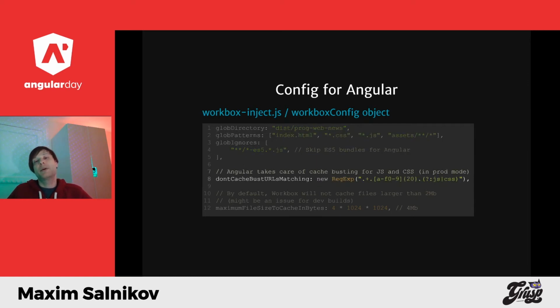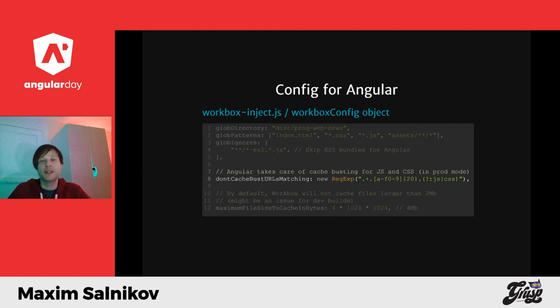Also, you remember that during the build, Angular adds to some files, like the main JavaScript bundle and main CSS bundle, a custom name, which already includes a sort of cache buster, this random string of 20 characters. So why spend some extra milliseconds on calculating a hash for this one?